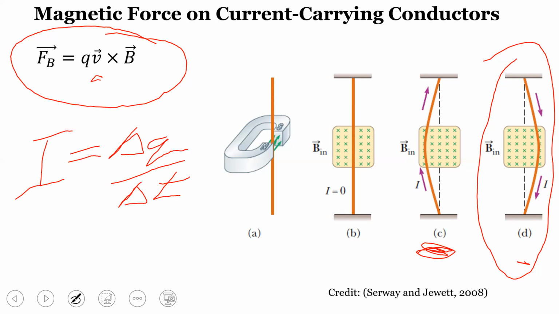For those who don't like seeing delta and things like that, you can just say Q over t. You can still be forgiven. So just say I is equal to Q over t, and Q is equal to It. Well, we'll manage it.